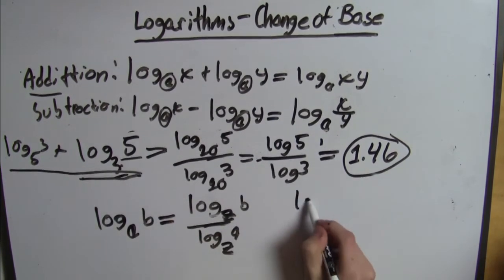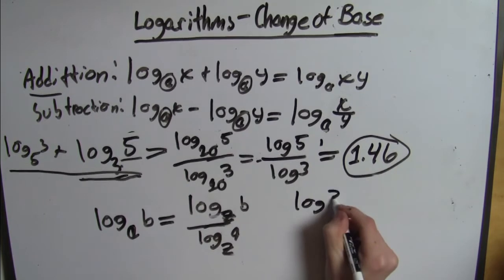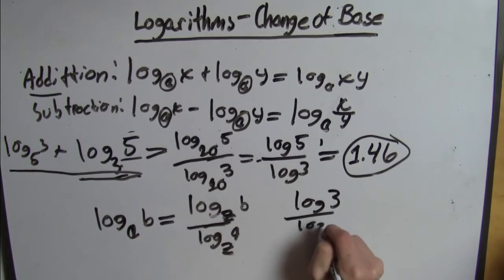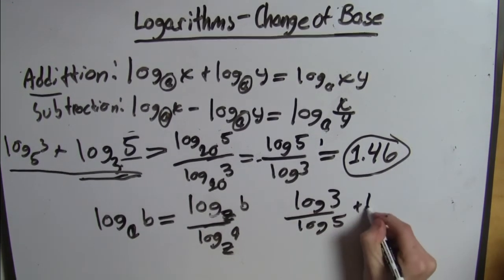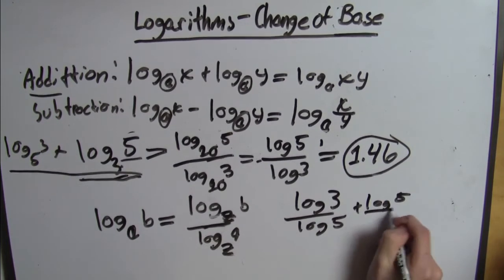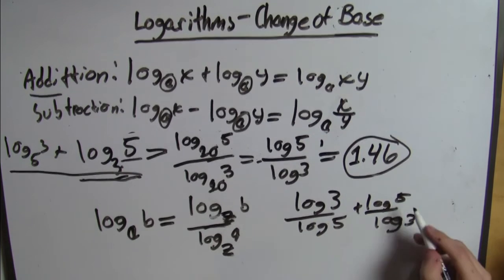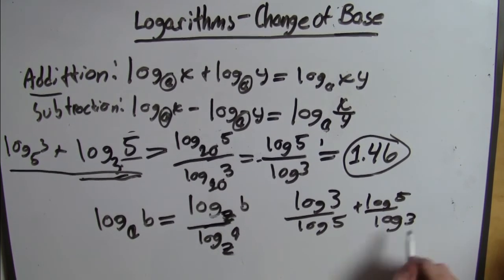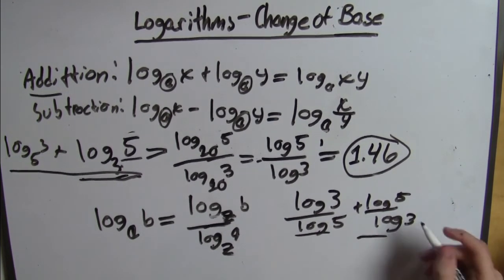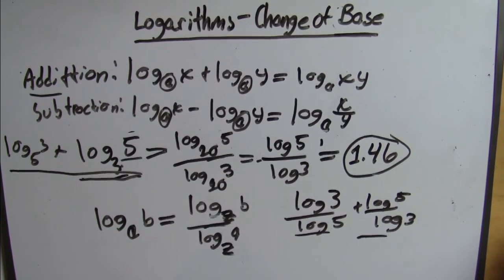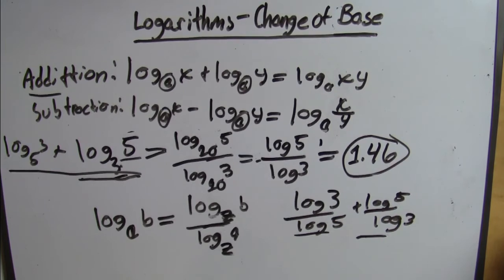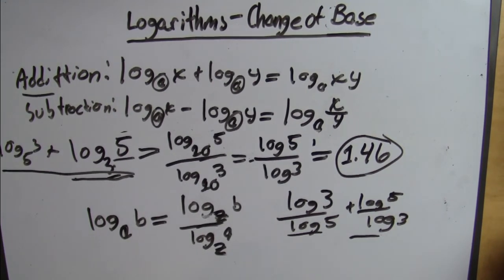And so we'd have log base 3 of 5 plus log base 5 of 3, and be able to find our answer that way, right? We could just find these individual values, add them together, and get our answer, where we wouldn't normally be able to do that with the addition rule. And that is the power of the change of base rule.